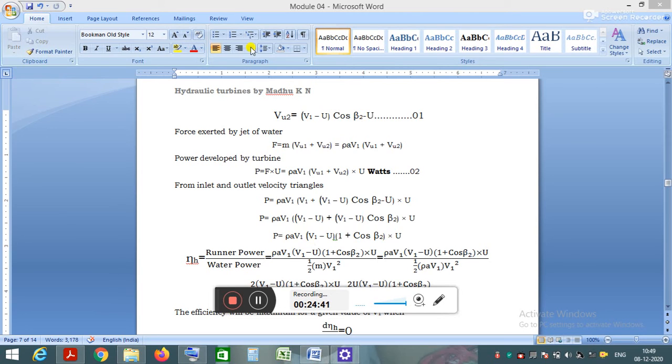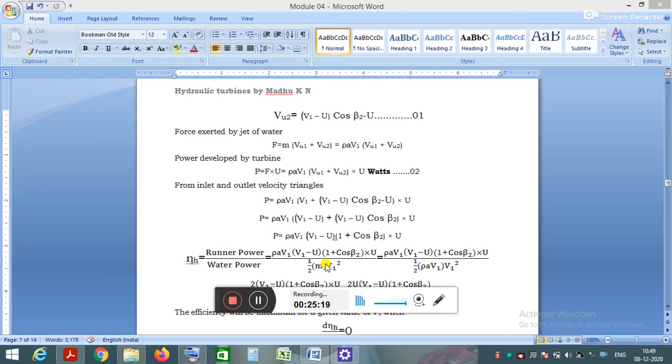Substitute the power developed by the turbine in the equation of hydraulic efficiency. Runner power is given by rho a V1 into (V1 minus u) into (1 plus cos beta 2) into u, and the water power is given by half m V1 square. The mass of the water striking is given by rho a V1, and the kinetic energy available at the inlet of the turbine is the water power, which is given by half m V1 square.